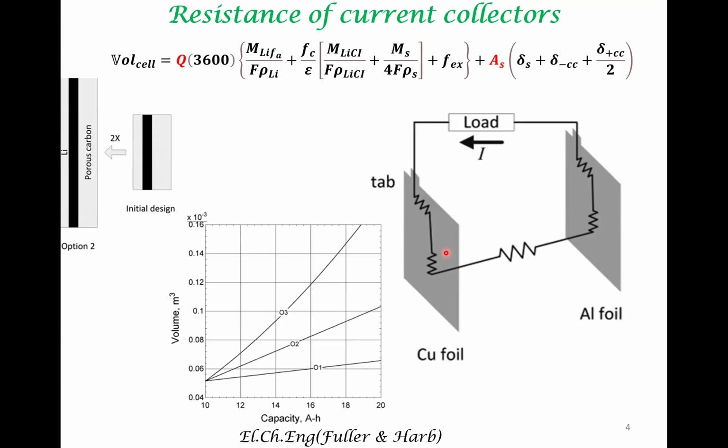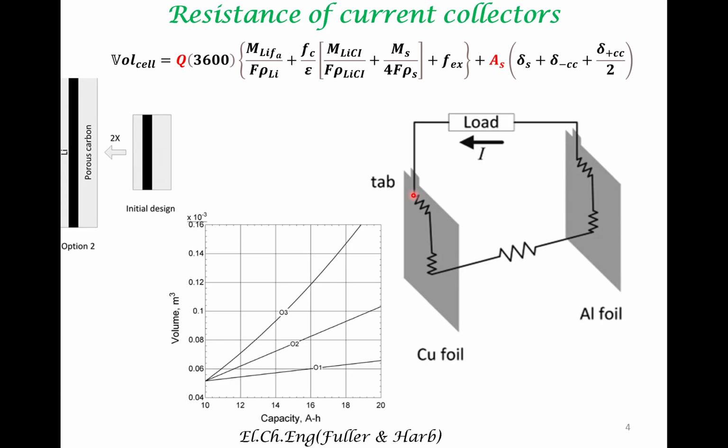So what I would see is that even though I'm having this option 2, the increase in volume is more than the increase in volume due to option 1. In addition to the increase in volume, I have another consequence of increase in ohmic drop associated with current collection via the current collector with larger cross-sectional area.